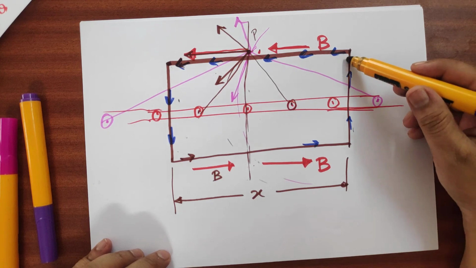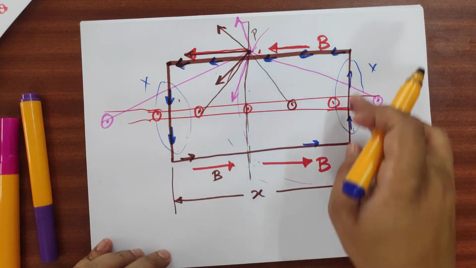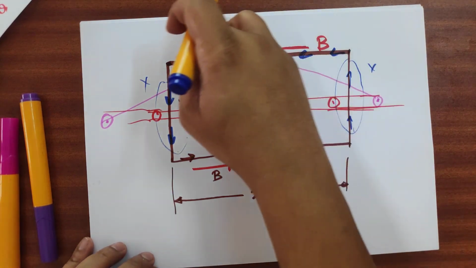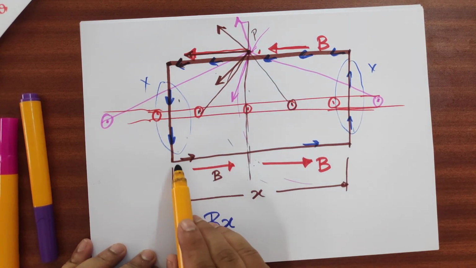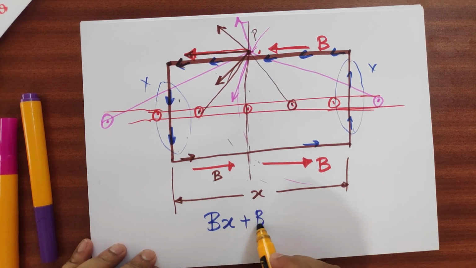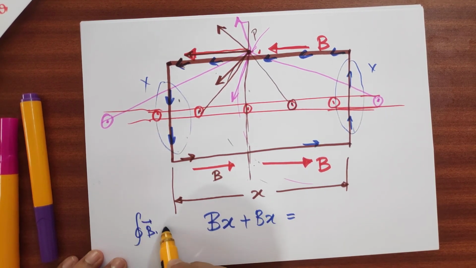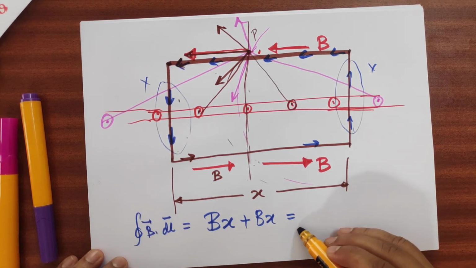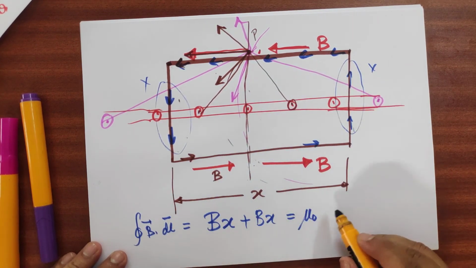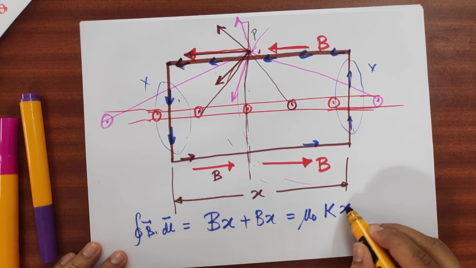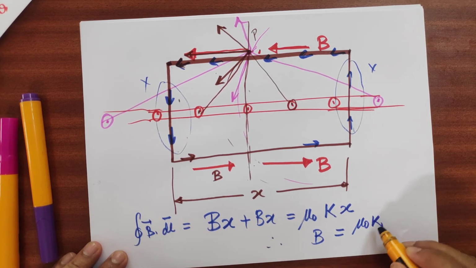B dot dl here, and here it is 0, obviously, because the field is perpendicular to dl. So here B dot dl becomes B into X, and here it is 0. Here again it is B into X, and here again it is 0. So the integral of B dot dl over the closed loop is equal to mu 0 into the total current, and since the width is X, the total current is K into X. Therefore B equals mu naught K by 2.